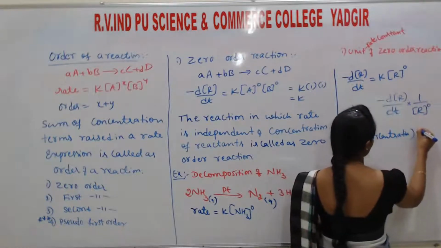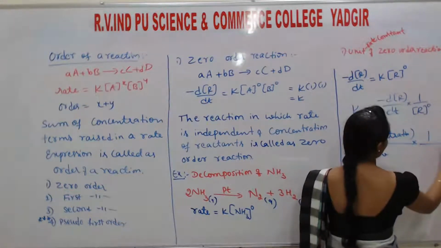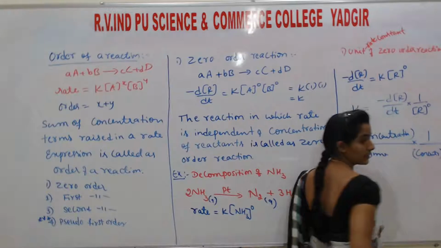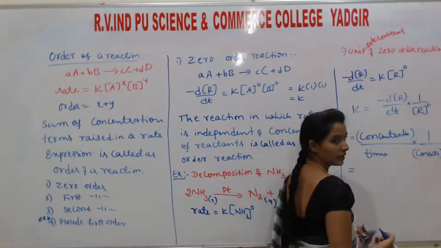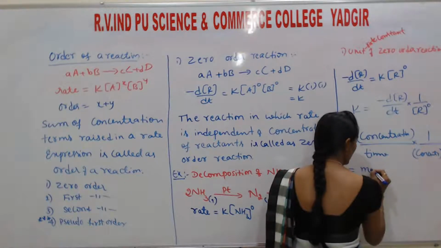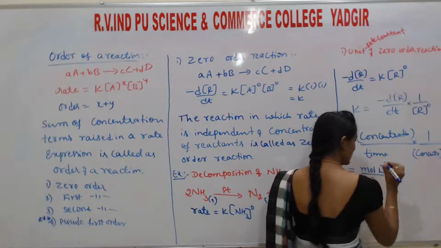Concentration divided by time into 1 divided by concentration to the power 0. Understand? So students, anything to the power 0, what is it? 1. So concentration means mole per liter, and time means second.